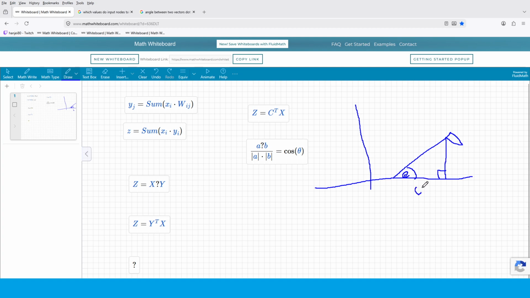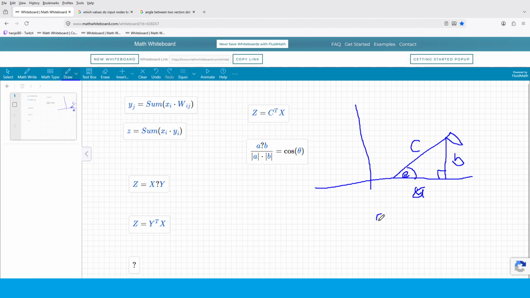Let's say this is A, this is B, and the hypotenuse is C, all right?